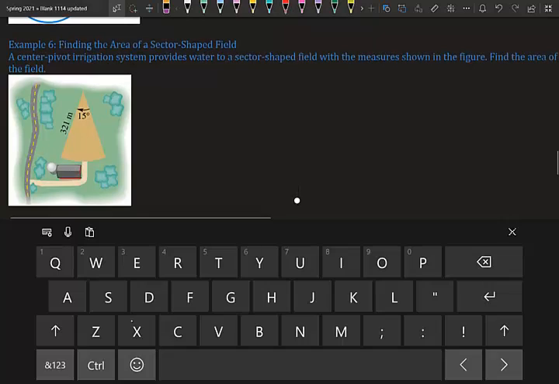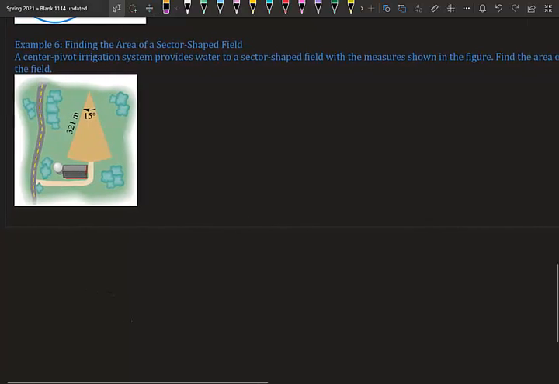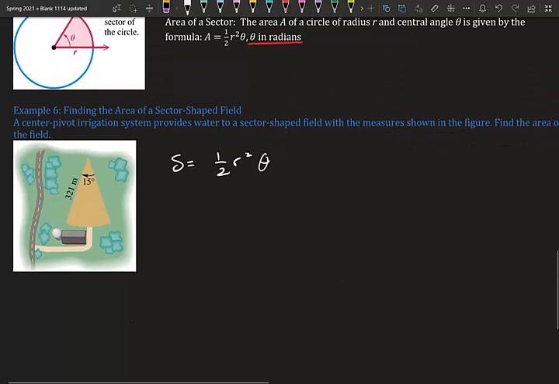So example 6, a central pivot irrigation system provides water to a sector-shaped field with the measurements shown in the figure. Find the area of the field. So our formula is A equals 1/2 r squared theta. All right, so we have to identify a few variables. We have to identify our radius, which is 321.